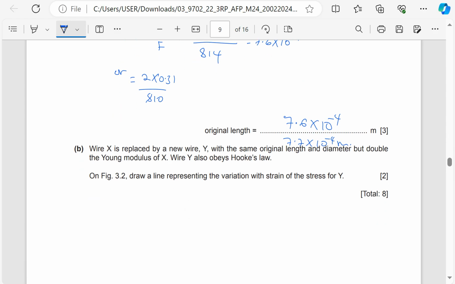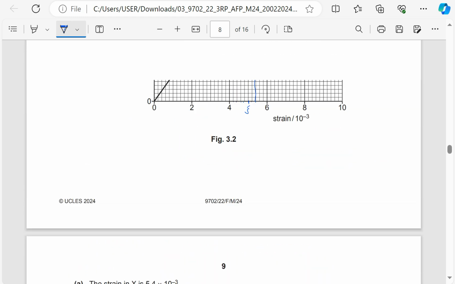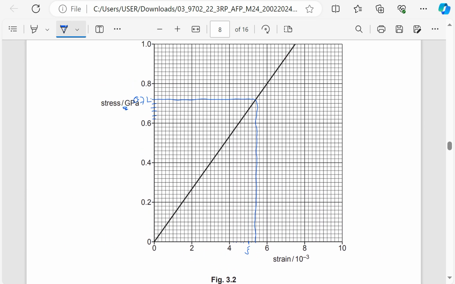Wire X is replaced by a new wire Y with the same original length and diameter, but double the Young modulus. Okay, remember this is a graph of stress against strain. So we know that Young modulus is equal to stress divided by strain.